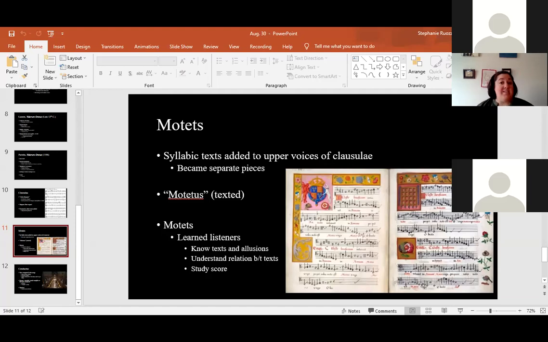Motets are the exact same texture, but now those pieces have gotten so long, they've broken off from the original monophonic chant. So there's no monophony in a motet. Does that feel good? Yeah, that makes a lot more sense.